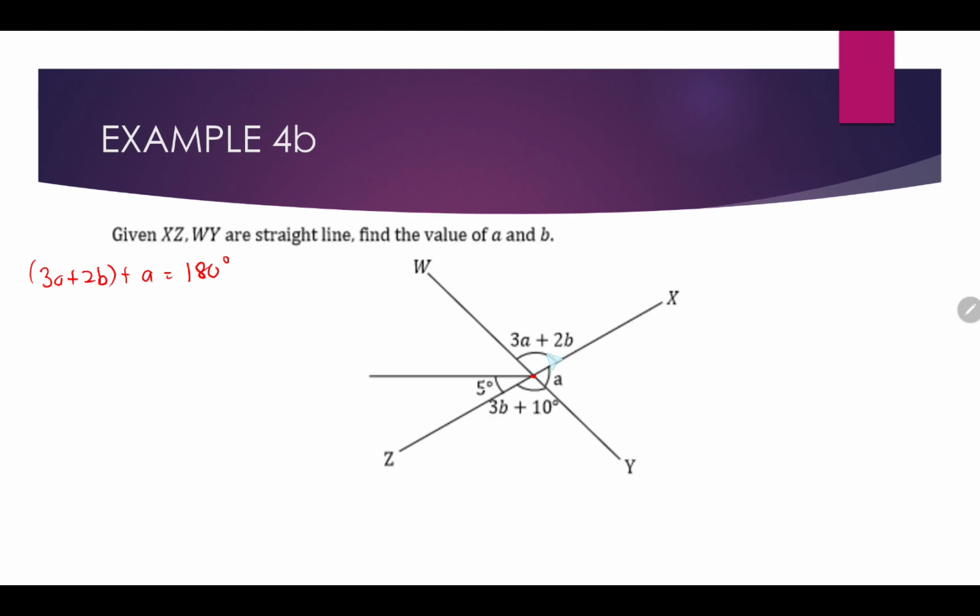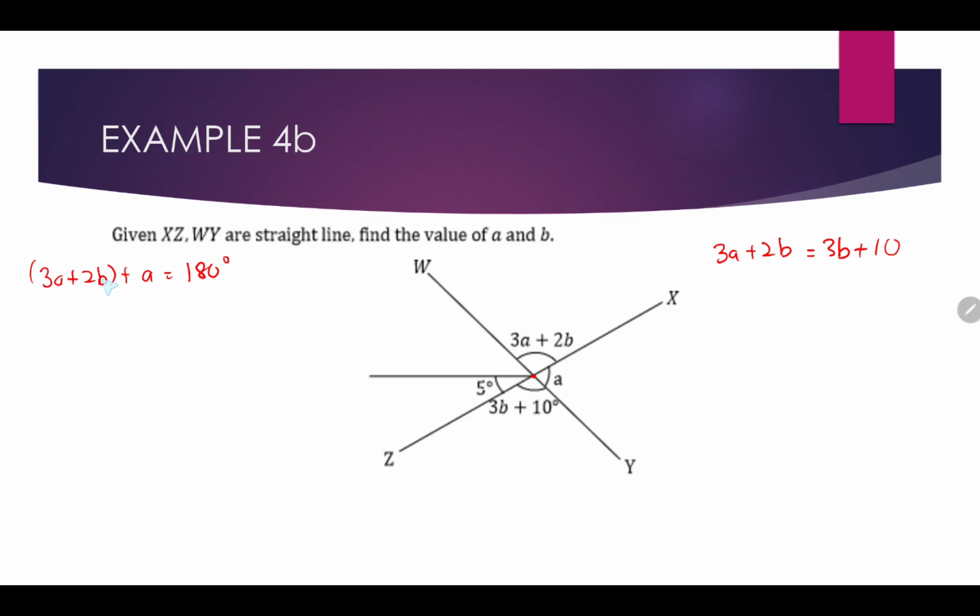And we know that this angle here and angle here are vertical angles. It means they are congruent. So we can put 3a plus 2b equals 3b plus 10. Okay, then we simplify both equations.